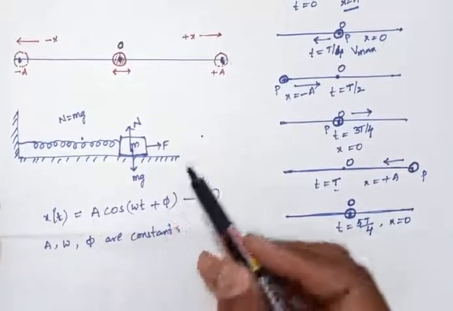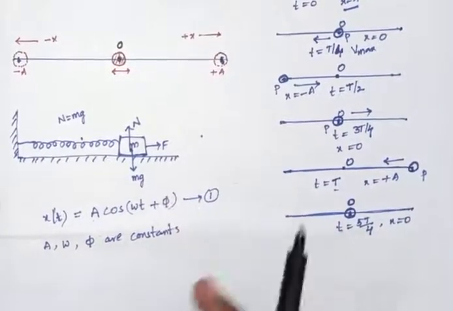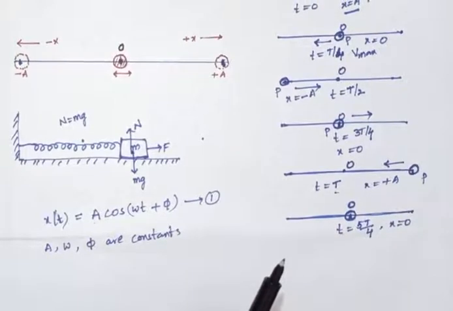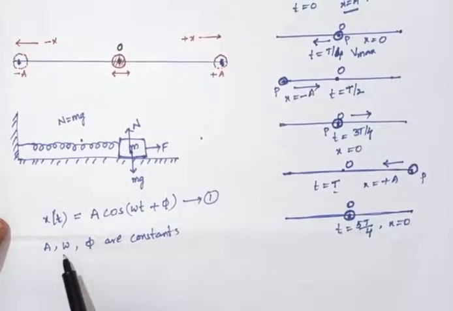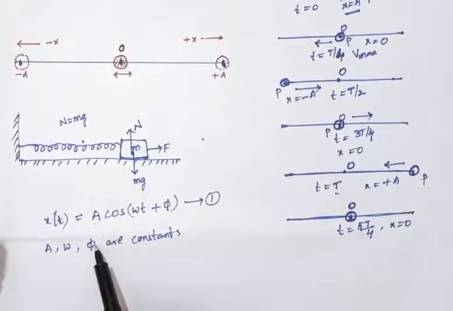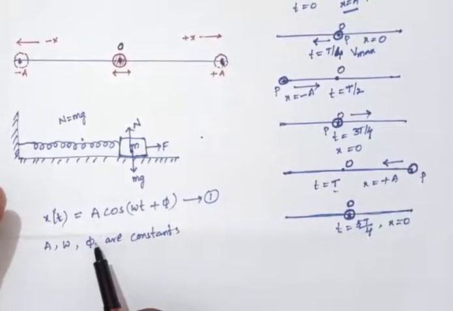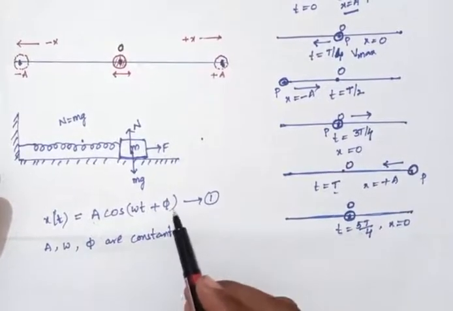When a particle moves in uniform circular motion, the angular velocity is constant, so omega is constant. Phi is the phase constant, so it is also constant.